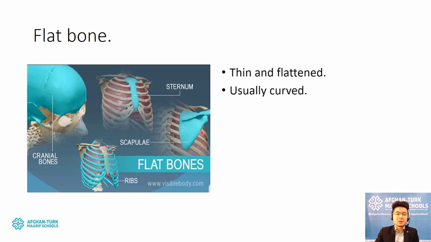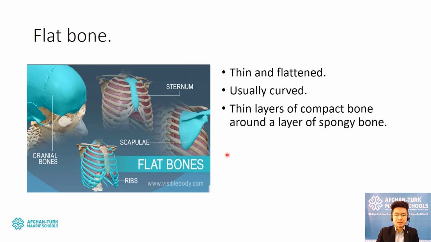Flat bones. As is clear from their name, they are usually flattened and thin, and they are made of two or more layers. The inner layer is spongy bone, and it is covered, with their surrounding made of compact bone, because of their strength.